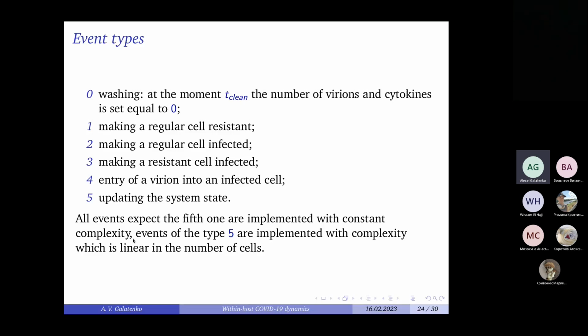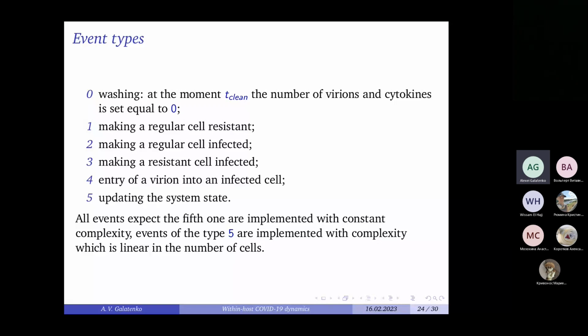So this model can be implemented very efficiently. And the events of type 5, updating the system state, can be implemented with complexity which is linear in the number of cells. We're talking about cell lines. A typical number of cells is 30,000. It's not that great. It is something that can be efficiently computed.